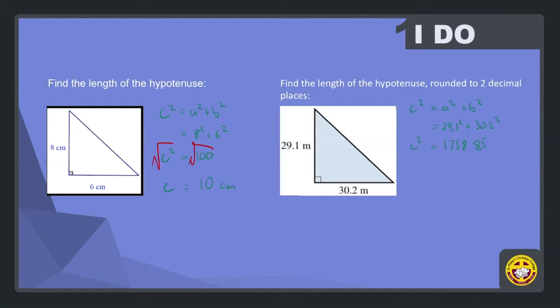This is c squared. We take the square root, and that gives us c. Our question tells us to round to 2 decimal places, so that's what I'm going to do. 41.94 meters.